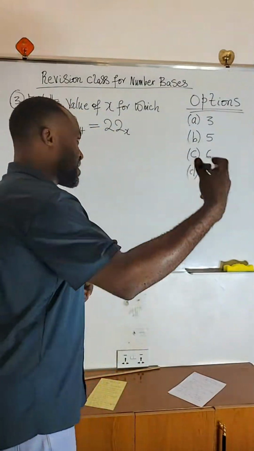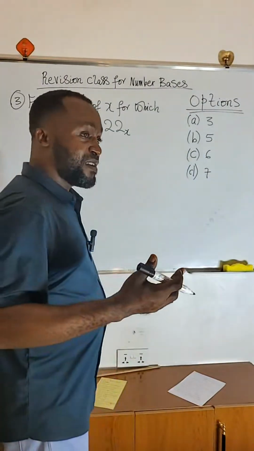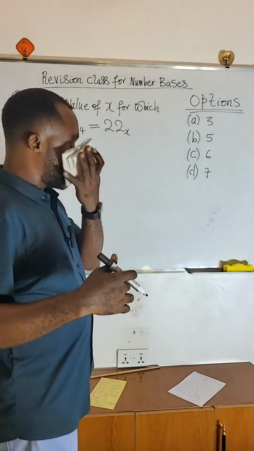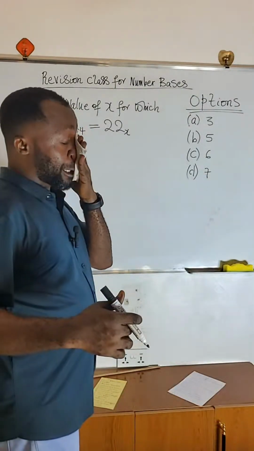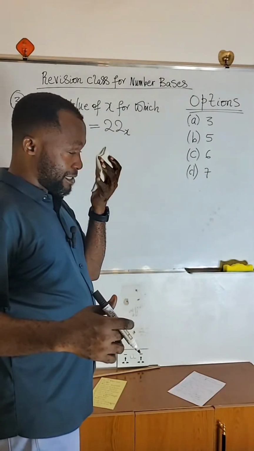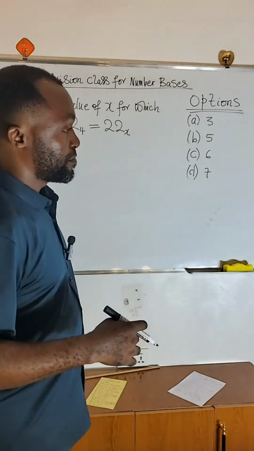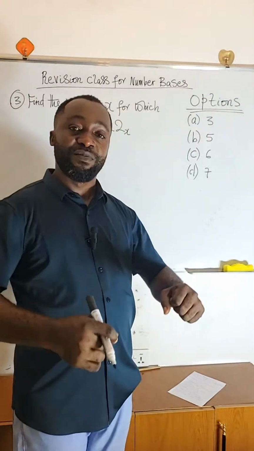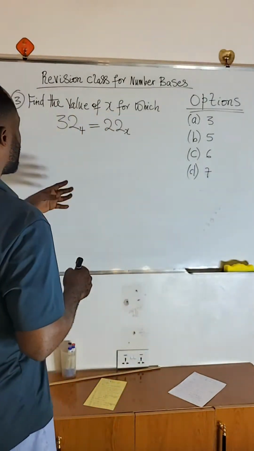So the right hand side is given in an unknown base. You never know the value of that base until you find it. Okay. So I want it such that anytime any of my subscribers or my audience sees a question of this nature, they will not be afraid, they will not panic, but rather they'll be bold and confident enough to face that question squarely.